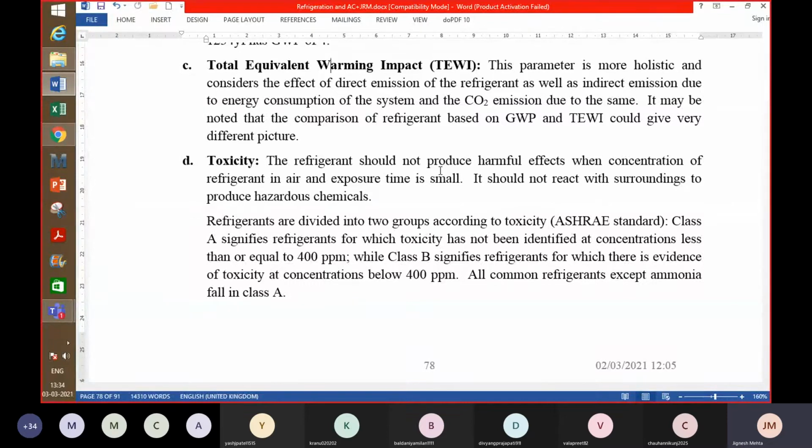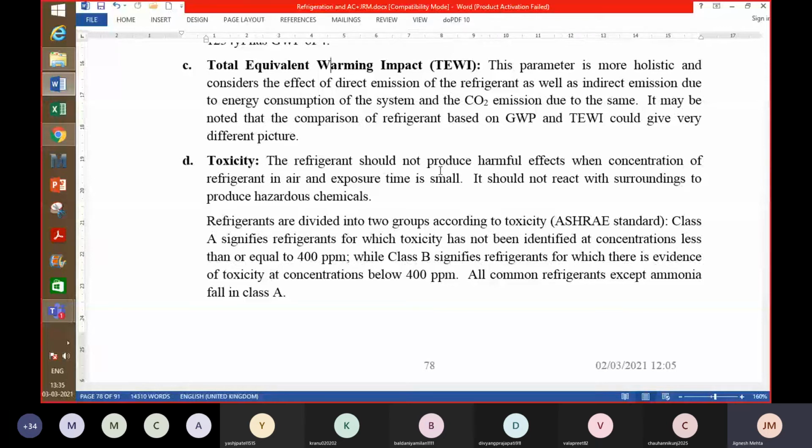Refrigerants are divided into two groups according to their toxicity. This is based on an ASHRAE standard. ASHRAE is the American Society of Heating, Refrigerating and Air Conditioning Engineers. A similar society in India is ISHRAE, the Indian Society for Heating, Refrigerating and Air Conditioning Engineers.